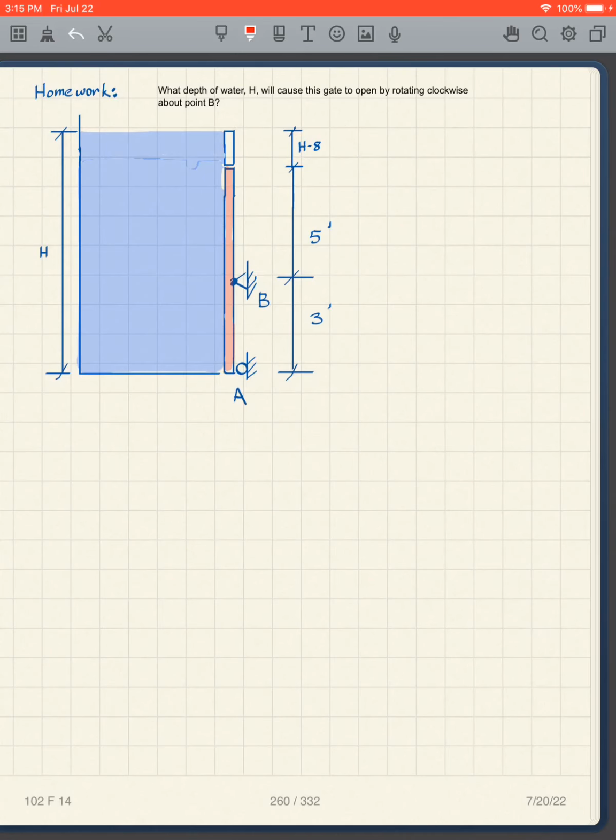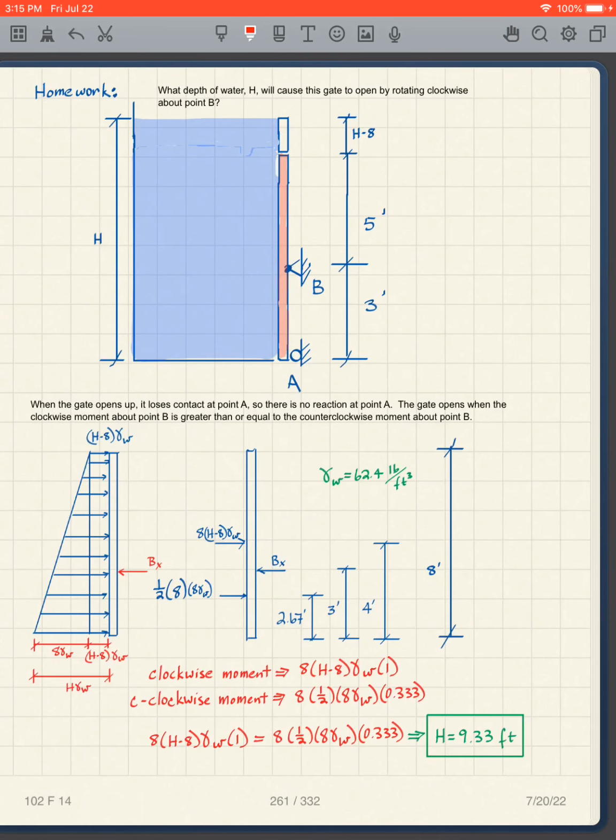So we have all the depths here. I want to know what's the pressure here, what's the pressure here. The pressure at the top is going to be H minus 8 times gamma W. The pressure at the bottom is going to be H gamma W.